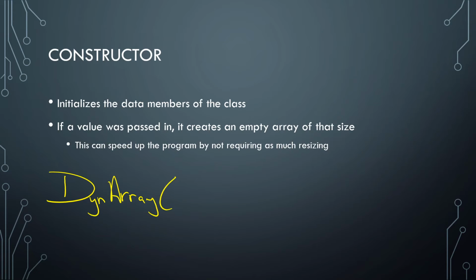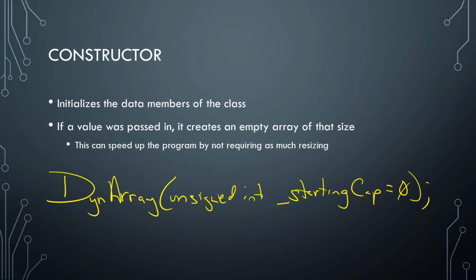We're going to have a DynArray, and we're going to take in an unsigned integer, because we can't have an array of negative sizes, right? Which is going to have a starting cap of 0 as its default.